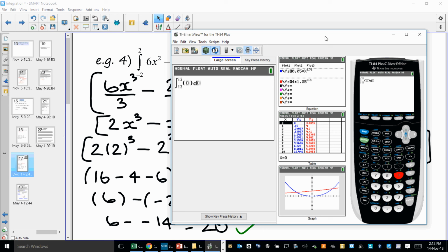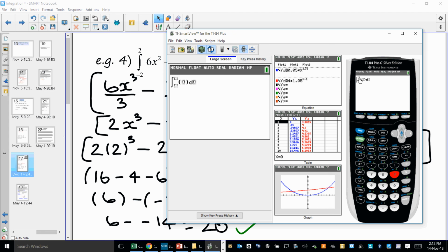All right, so we're going to type 2 at the top, negative 2 at the bottom. Make sure you're using negative, not subtract. Then we've got 6x squared minus 2x minus 3. Remember, x is this button up here, the red one, highlighted here.